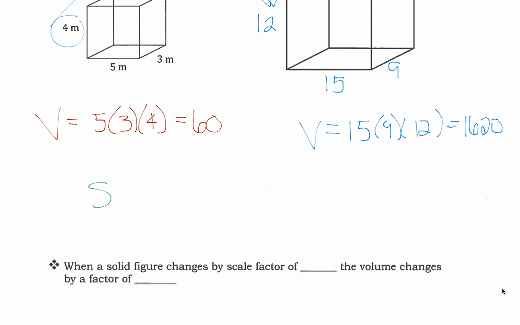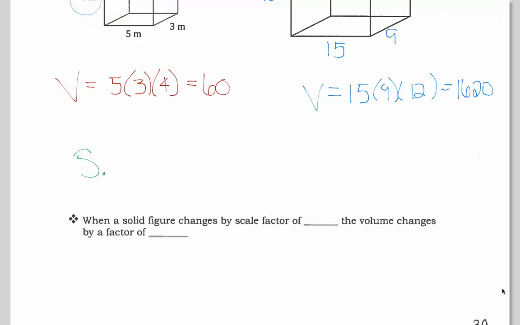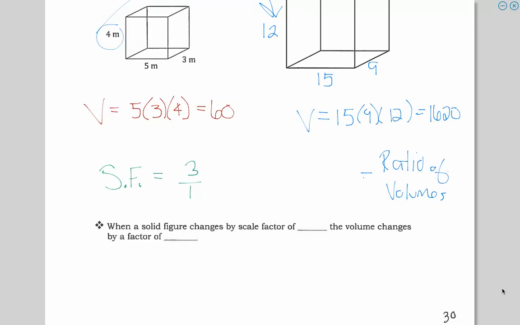In fact, if the scale factor equaled 3 over 1, the ratio of volumes is 1620 over 60, which is 27 over 1.